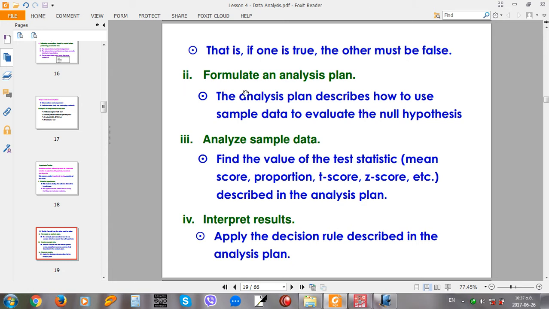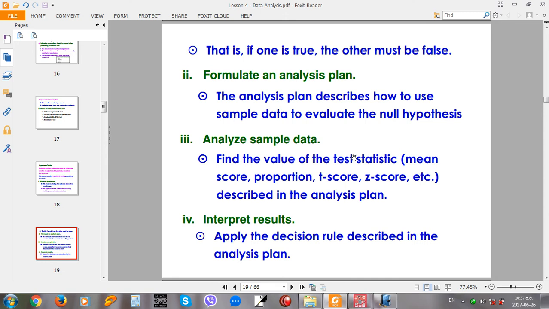The second step is to formulate an analysis plan. The analysis plan describes how to use the sample data to evaluate the null hypothesis. Next, analyze the sample data: find the value of the test statistic, such as the mean, proportion, t-score, or z-score, described in the analysis plan.